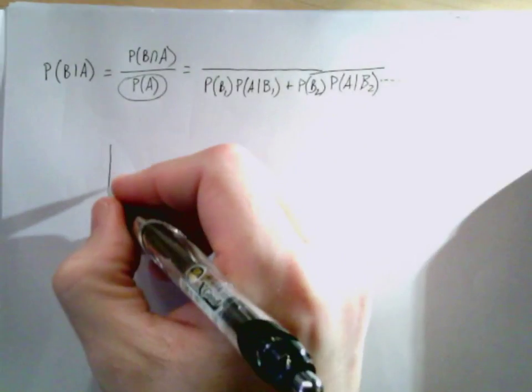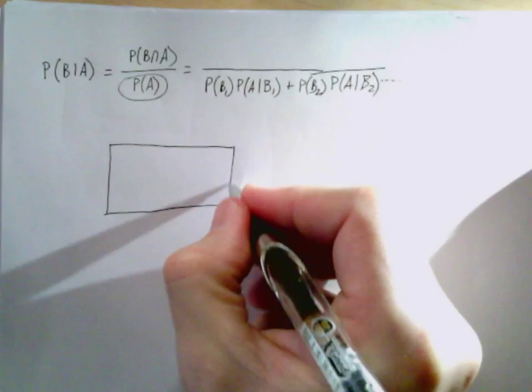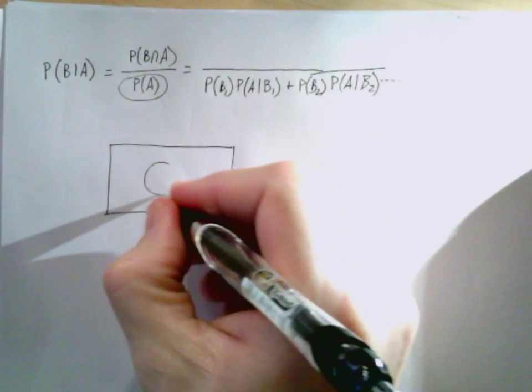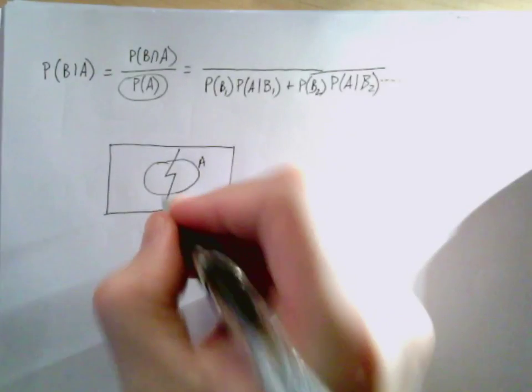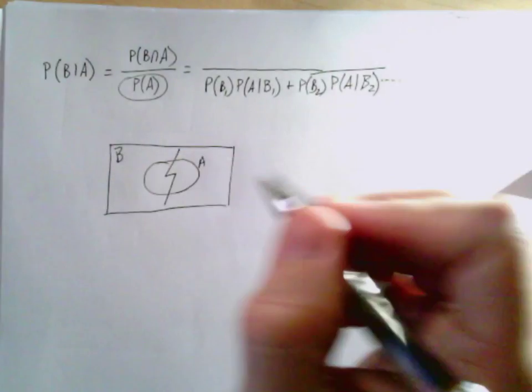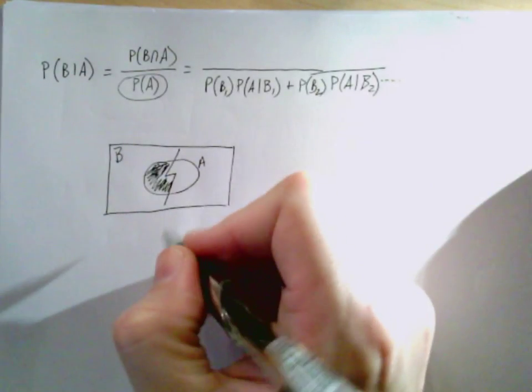Let's look at our Venn diagram again. Okay, so here's B over here. So B and A is this section over here, correct? Are we all right with that?